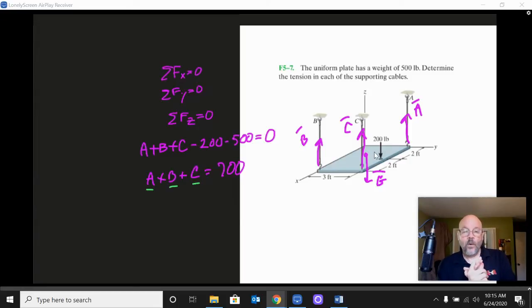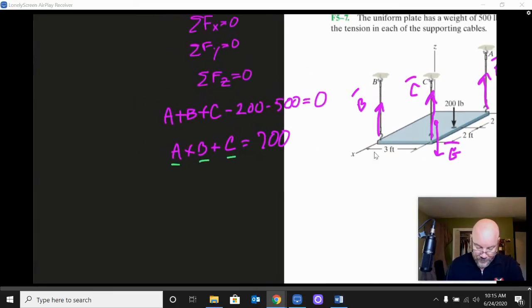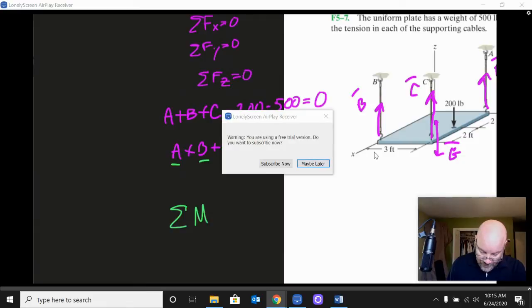Now, when we did that, all of those moments actually happened to be in the Z direction. So what we were really doing with our moment relationship was dealing with this relationship here. Sum of Mz is equal to 0.